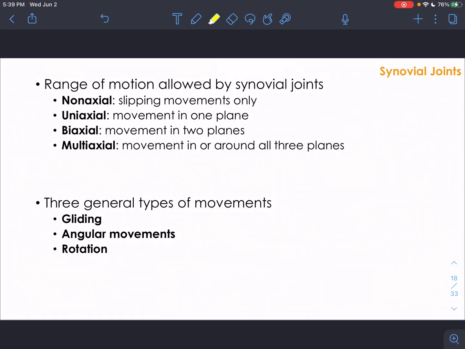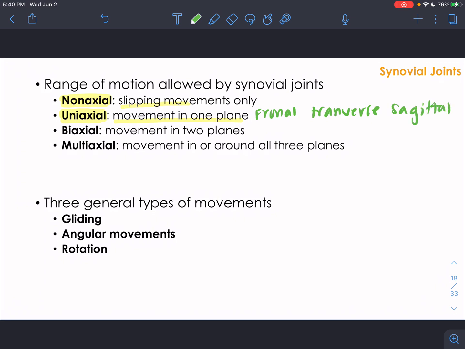Okay, so there's different ranges of motions that are allowed by synovial joints. Non-axial are just referred to as slipping movements. We'll talk about that a little bit more in a minute. Uniaxial is just a movement in one singular plane. So again, think of the planes we just talked about: the frontal plane, transverse, and sagittal.